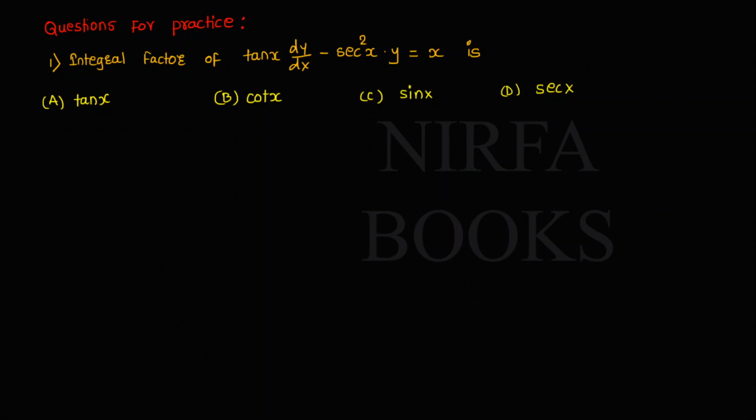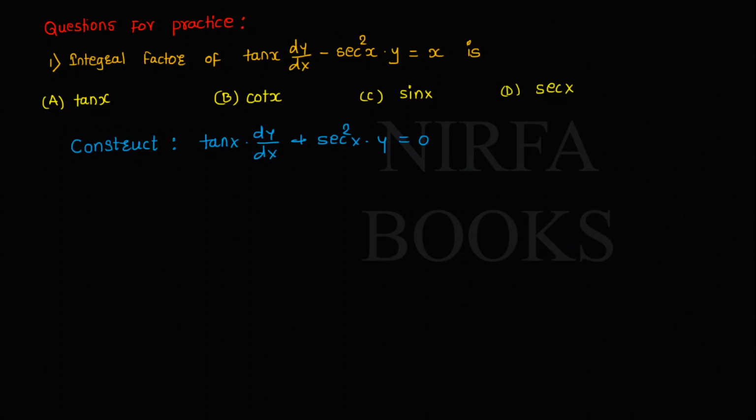So as per the previous method, I am writing the left hand side as it is, just changing its middle sign. So construct this tan x into dy by dx. Instead of minus I am taking plus. Second term is sec square x into y, and equate with 0.